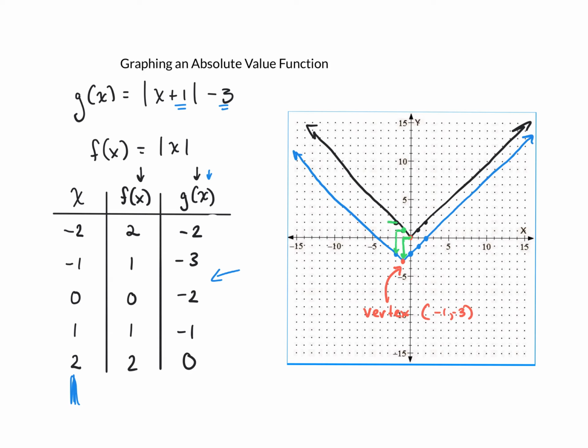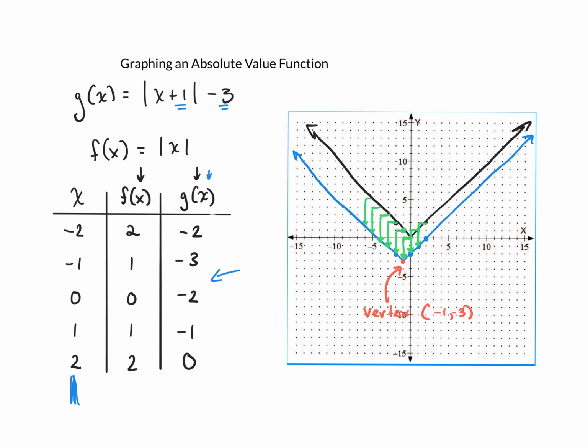And again, over 1 and down 3. So if I take this point that corresponds up here, I go over 1 and down 3, over 1, down 3. So every point here is moving in unison.